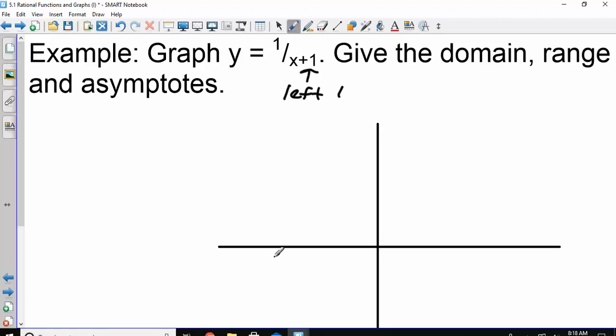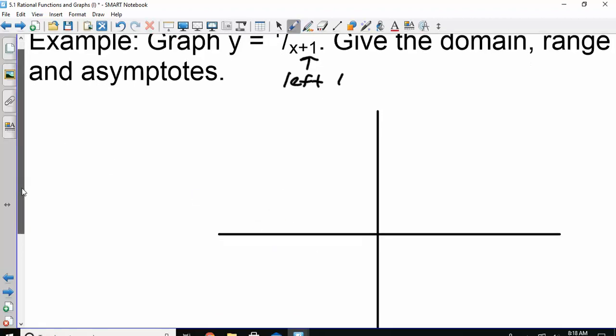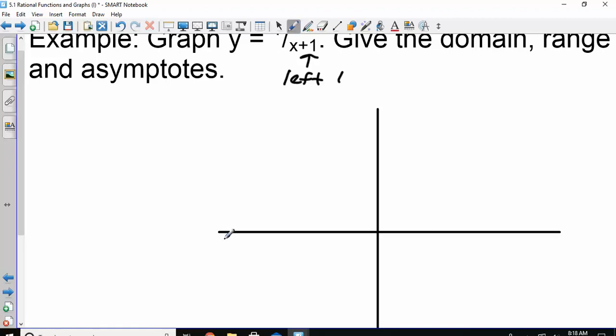So if we think about the original 1 over x, I am not going to put a lot of points here. I'm just going to roughly sketch this to show you. So this was the original 1 over x graph we just graphed. I'm only putting the 1, 1 and negative 1 on there.